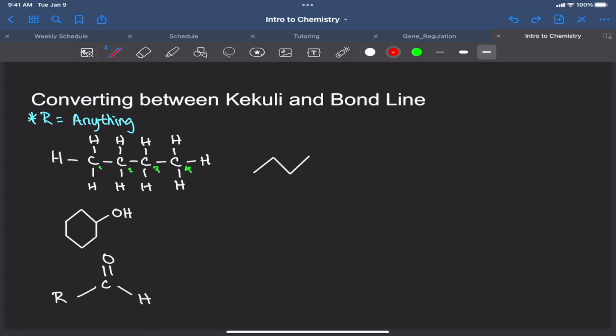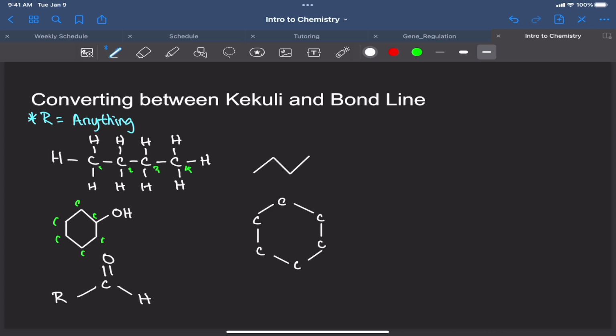Okay. So now we have a bond line structure and we need to convert it back to Kekulé. Remember, each one of these points is a carbon. So we have a carbon, carbon, carbon, carbon, carbon, and a carbon. So we'll say we have a carbon bonded to a carbon, bonded to a carbon, bonded to a carbon, carbon, carbon, back to the original one.